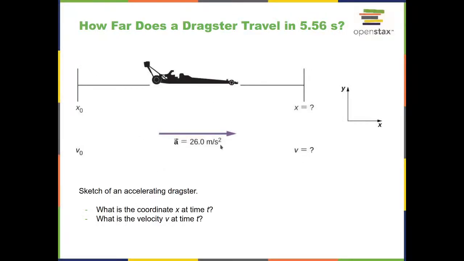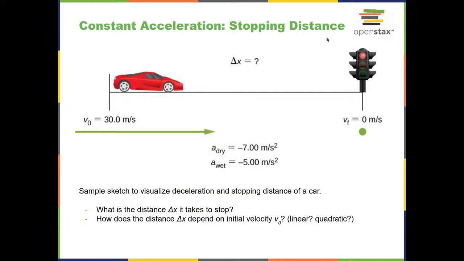So after this dragster, we've determined x and v after a certain fixed time. So let's look now at a different problem where we're not actually interested in any time. So we have a car moving at 30 meters per second. The initial velocity is 30 meters per second. The car can accelerate, a negative acceleration, in other words known as deceleration in our daily life.